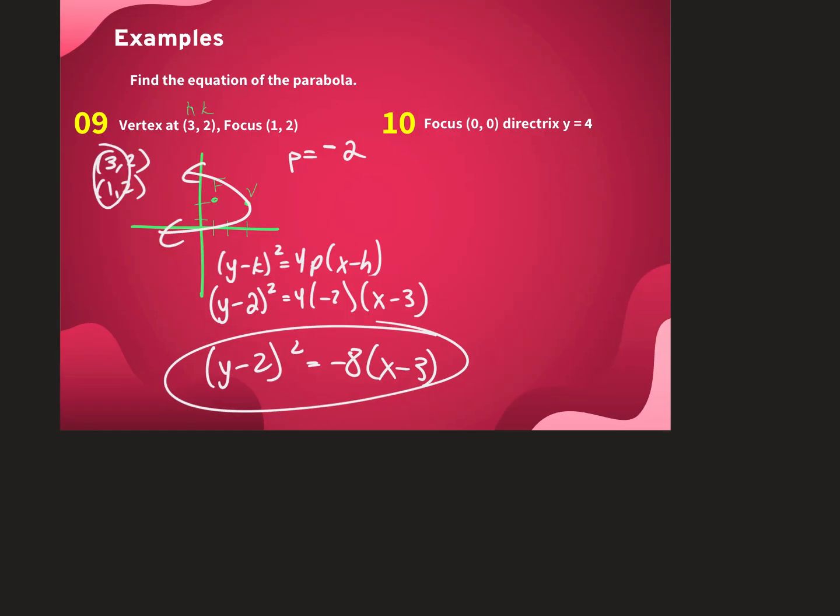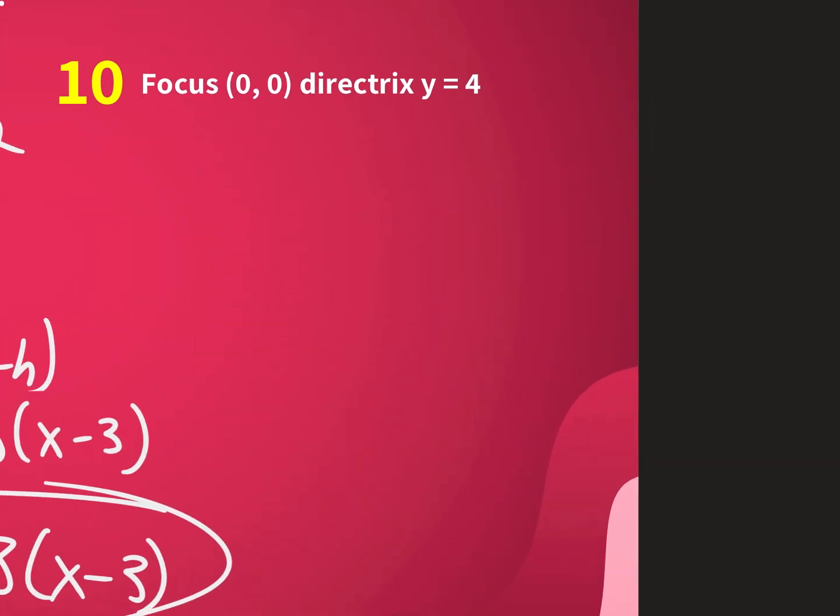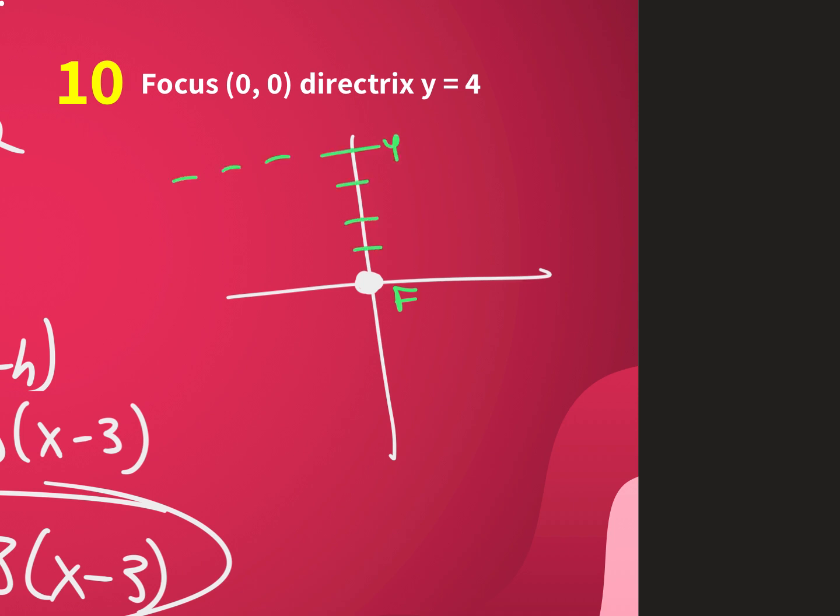All right, look at the last one. Tiny bit tricky. What did they give me here at the origin? The focus. They didn't give me the vertex, did they? And then what did they give me here at y equals 4? The directrix.